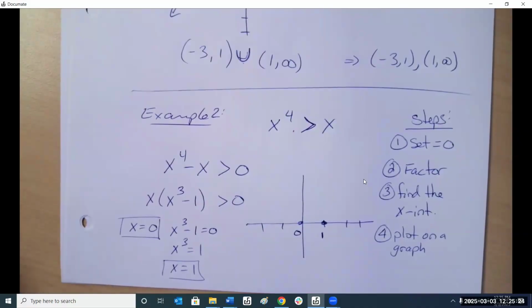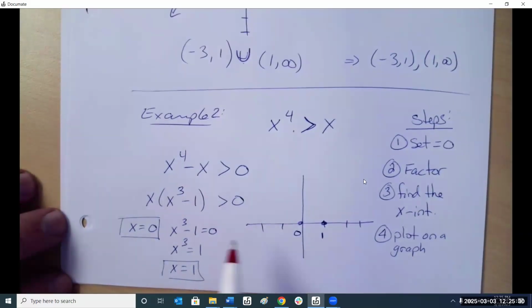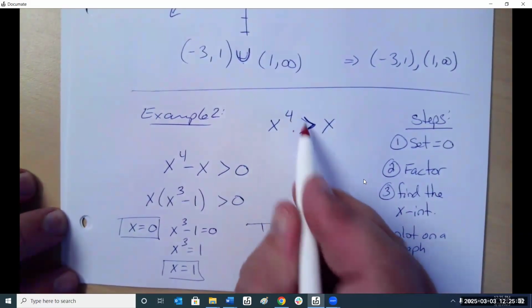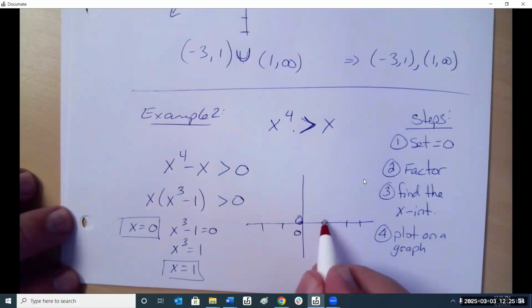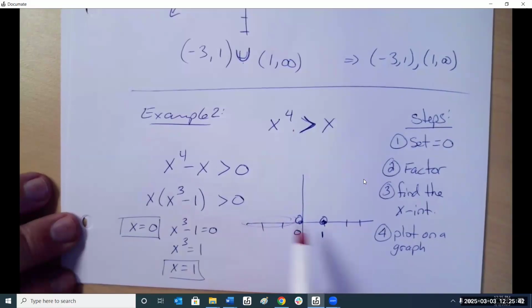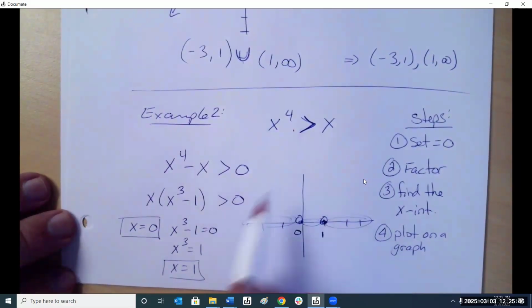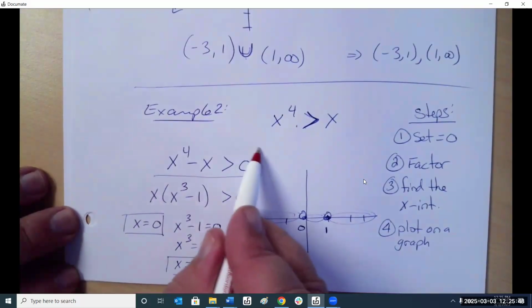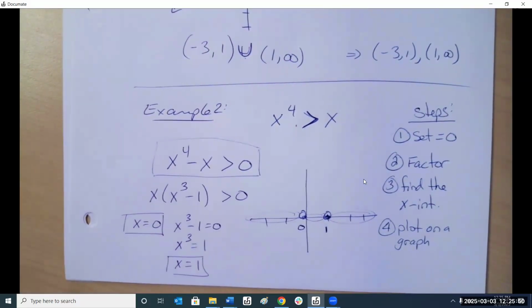Are they open or closed circles at those points? Because there's no equal sign, they're both open circles. So now we have to look at these values. Which ones will give you this solution?